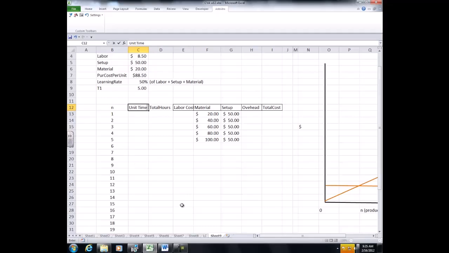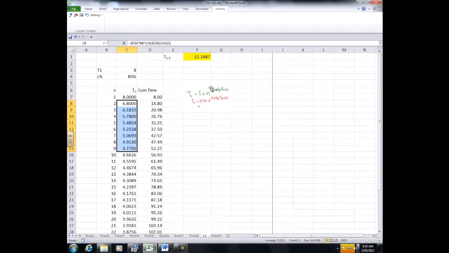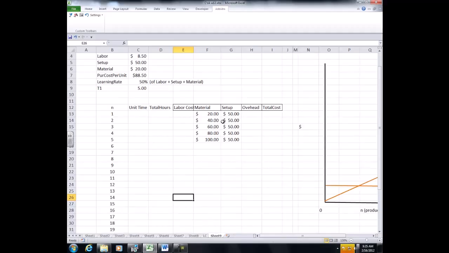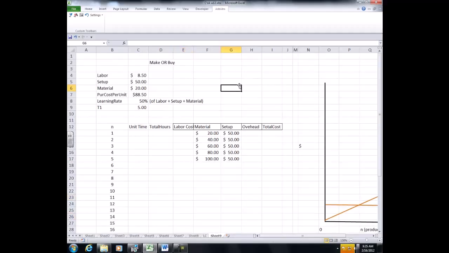And once again, let me copy this formula because this is the formula that we will apply. The unit time uses this formula, T1 times n raised to the power ln ratio divided by ln 2.